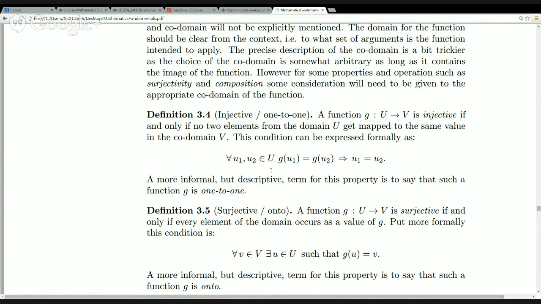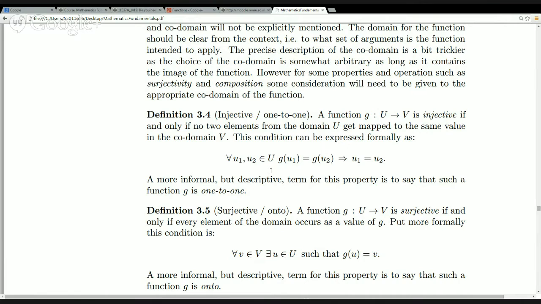If the function is injective, then for any particular value in the codomain, you've got at most one arrow coming into it. But if you've got two or more arrows coming into the same point, then that's not injective. That's one example of how you can use this visual metaphor for thinking about functions.